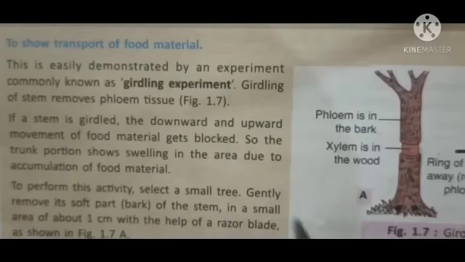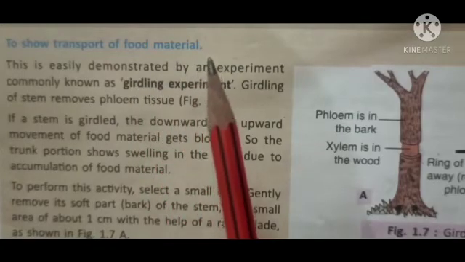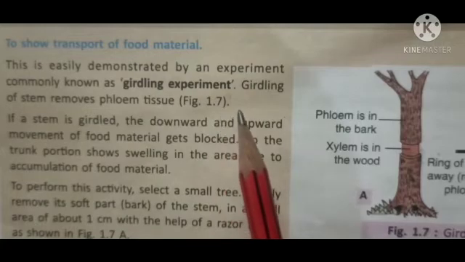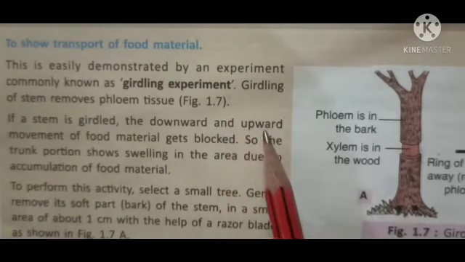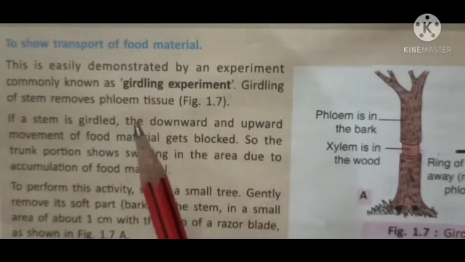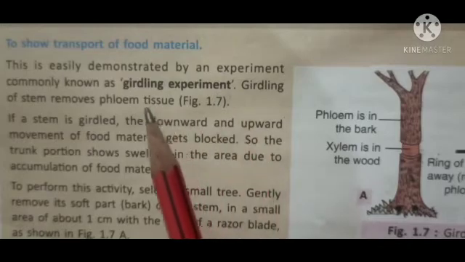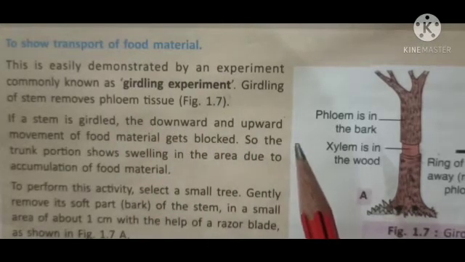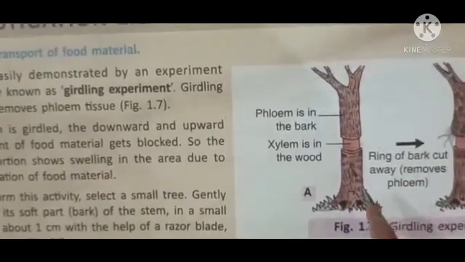Right? Now look at this experiment to show the transport of food material in plants. All of you know the food is transported by the phloem tissues, and how will you prove that the phloem tissues help in transportation of food material? For that we do this girdling experiment. Girdling means to remove phloem tissue from the stem. Right? Now for this experiment, just look at this diagram.